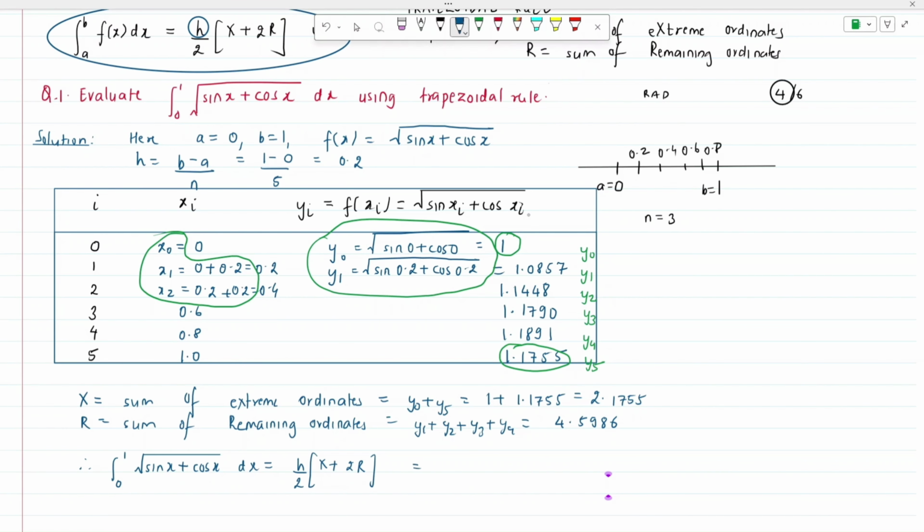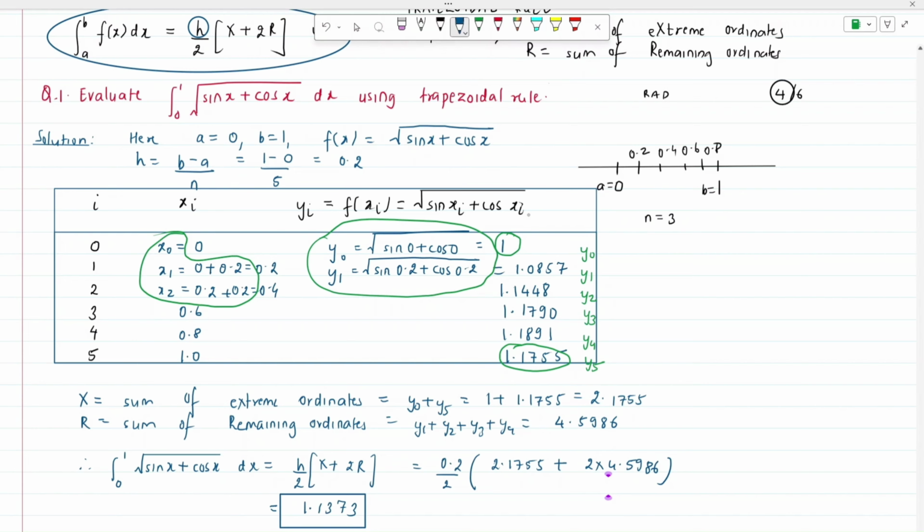So this is going to be 0.2 divided by 2, times 2.1755 plus 2 times 4.5986. Now you can just plug all these values into the calculator, and the value you should get is 1.1373. So this is the required integral answer.